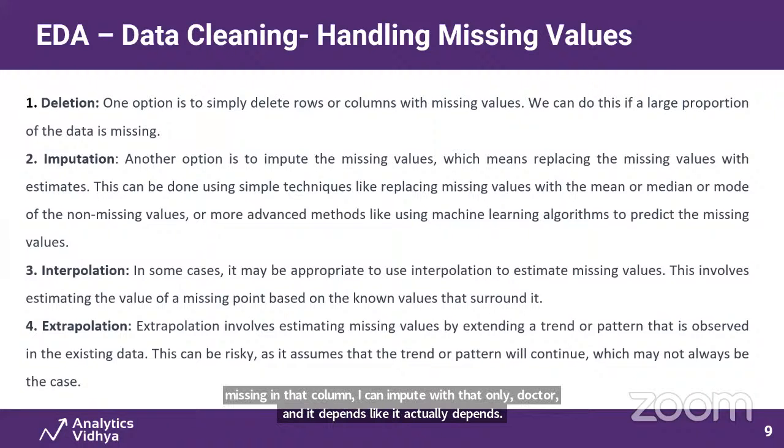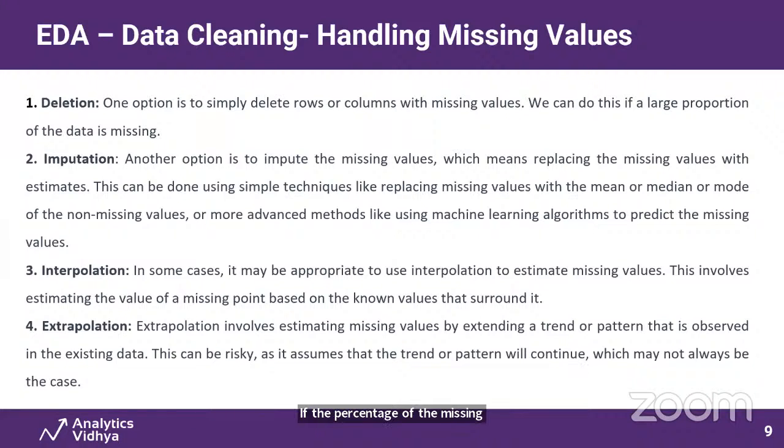If the percentage of missing values is very low, then I can impute with mode. But if the percentage is very large, then we need to see what other way we can impute that value. Secondly, there can be machine learning algorithms where we can predict the missing values. So these are the ways of imputation.